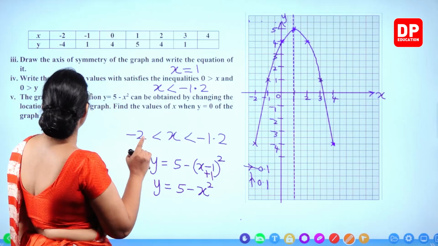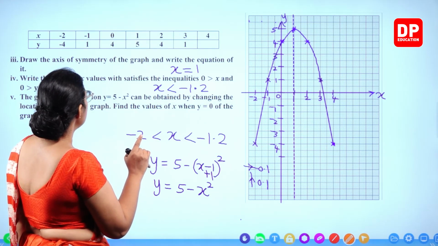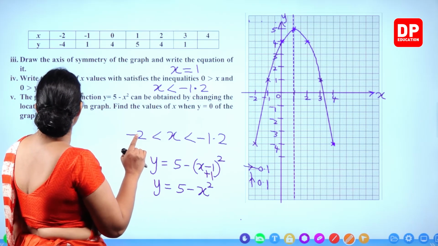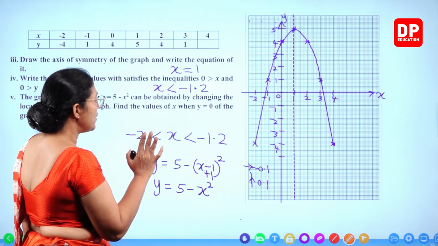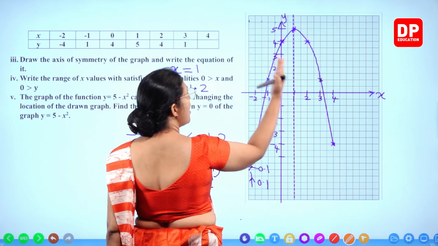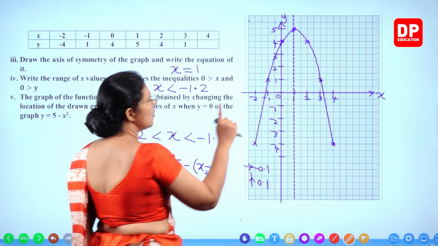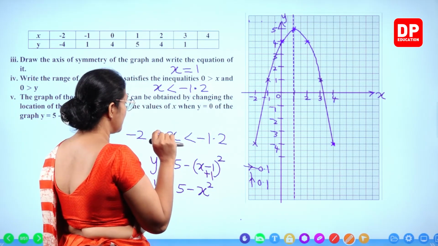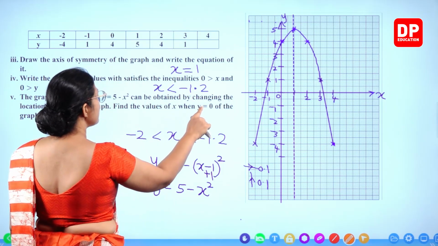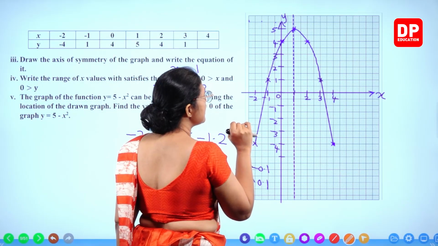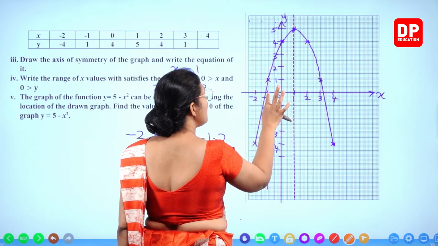So they are asking to find the values of x when y equals 0 of the graph. Now what happens? This whole graph moves 1 unit to the left, so all these root values also move 1 unit to the left. They're asking when y equals 0, that means along the x-axis, what are the original values?